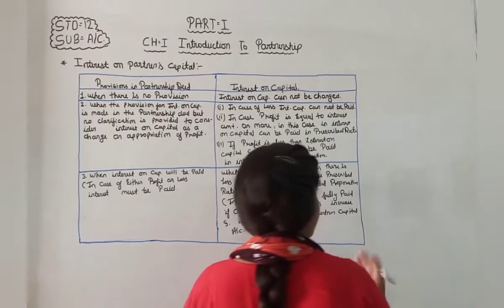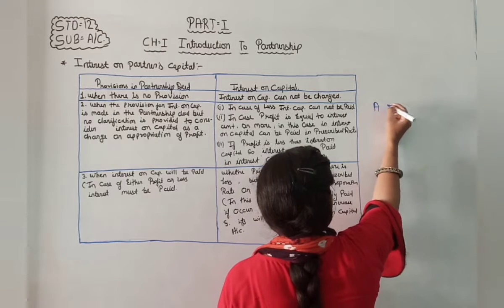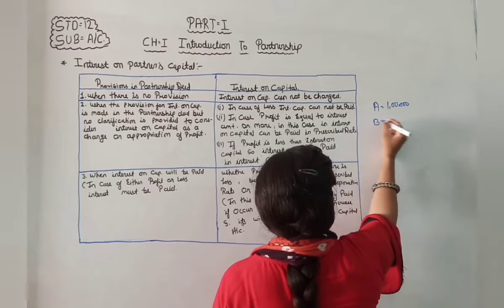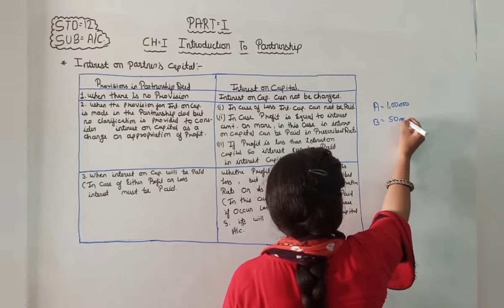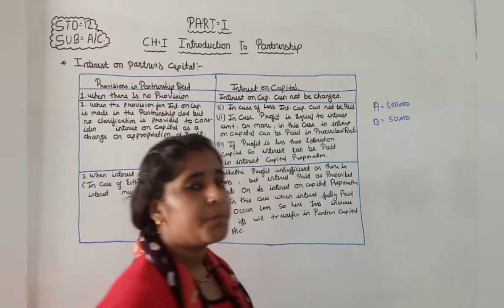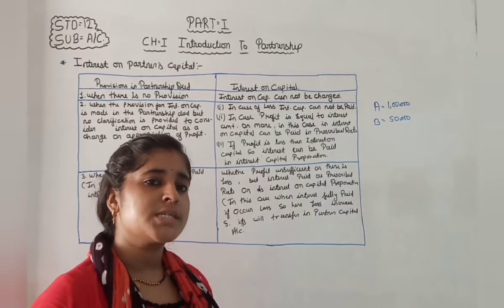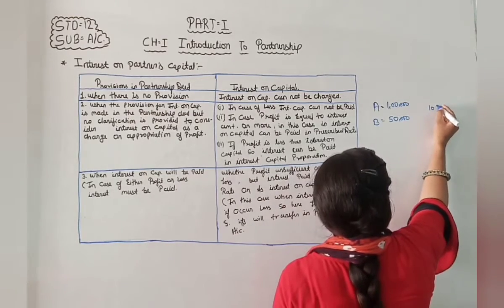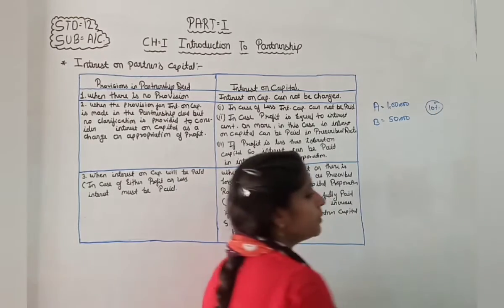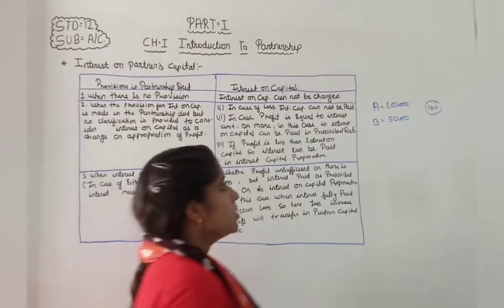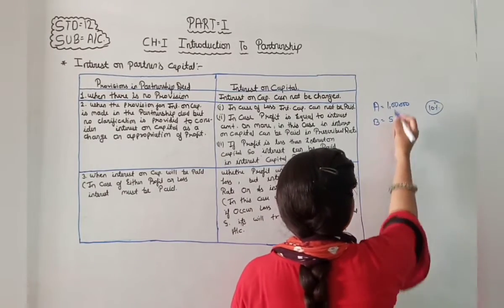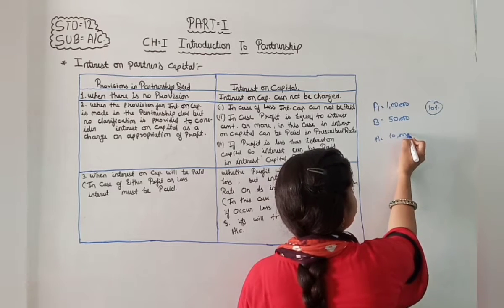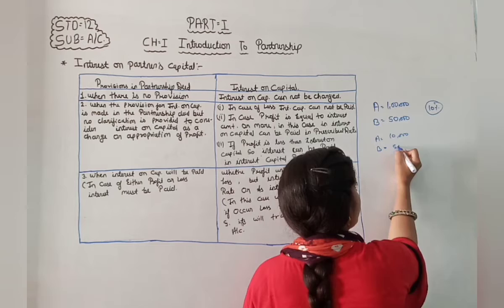Here, if partner A introduces 1 lakh and partner B introduces 50,000, and the prescribed rate is, suppose, 10% interest on capital, then interest for A is 10,000 and for B is 5,000.